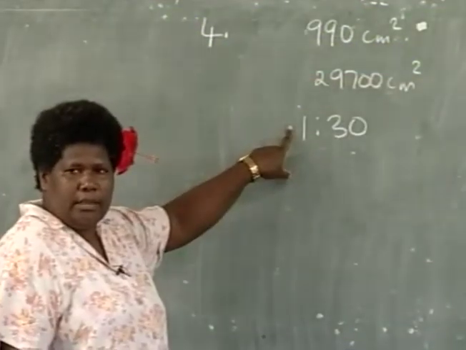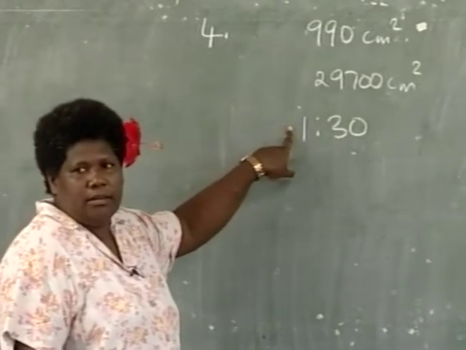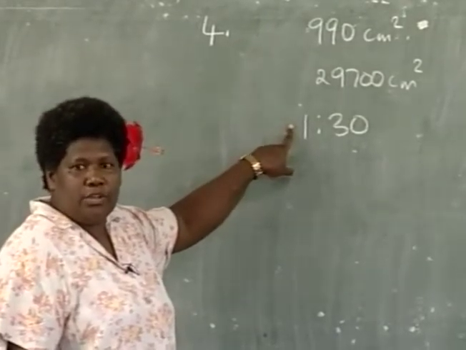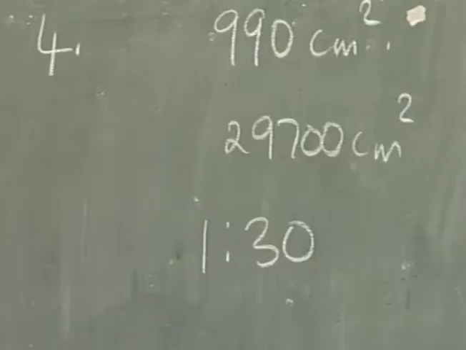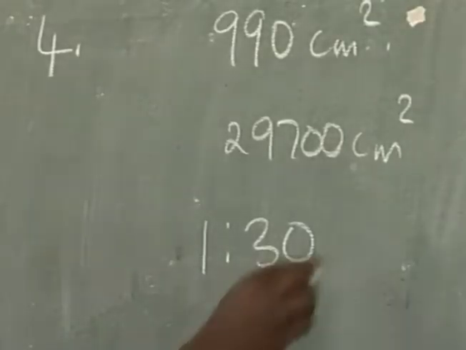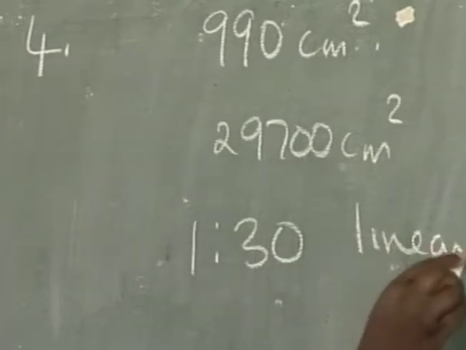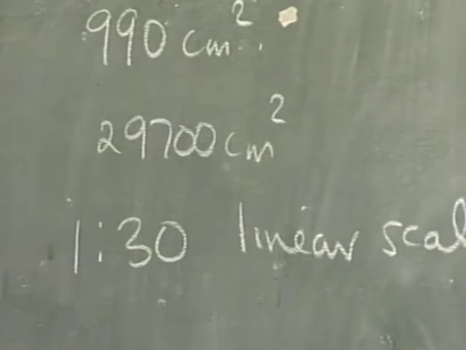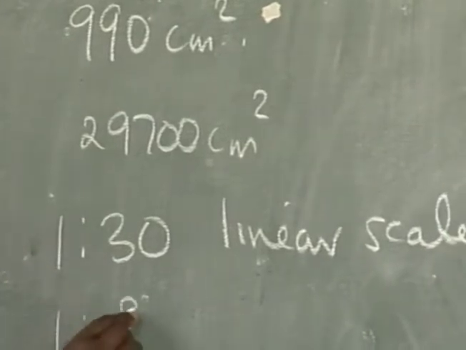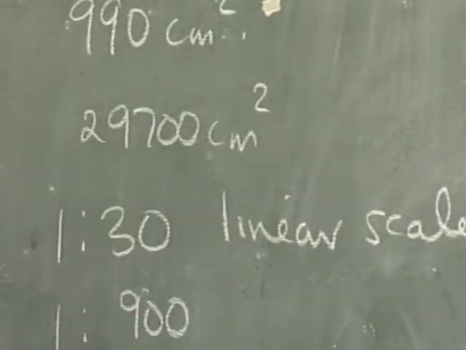It's the linear scale, which means you will have to square it to get the scale of the area. So this would be the linear scale, or what I call the length scale, which means 1:900 is the scale for the area.